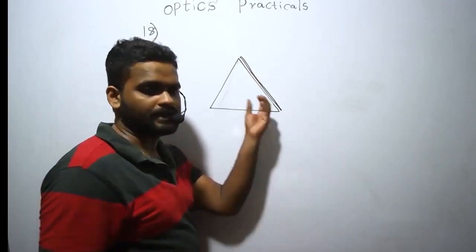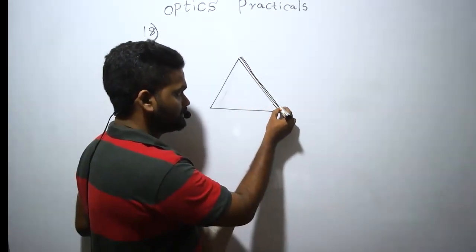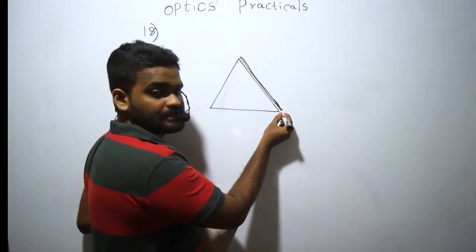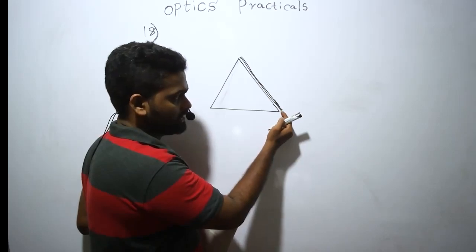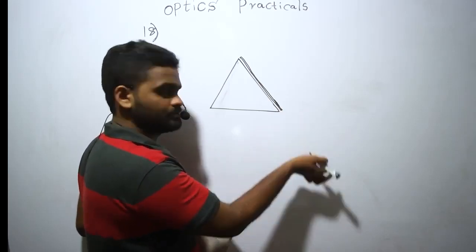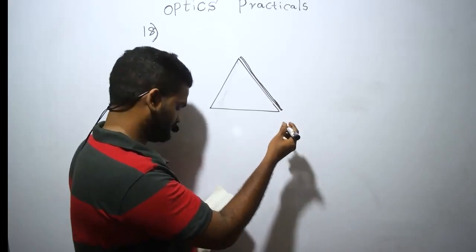Then due to the surface tension of water, you will learn surface tension later, right? Due to surface tension, this water sticks between the glass and the prism. It doesn't pour away, right? It just sticks to that.